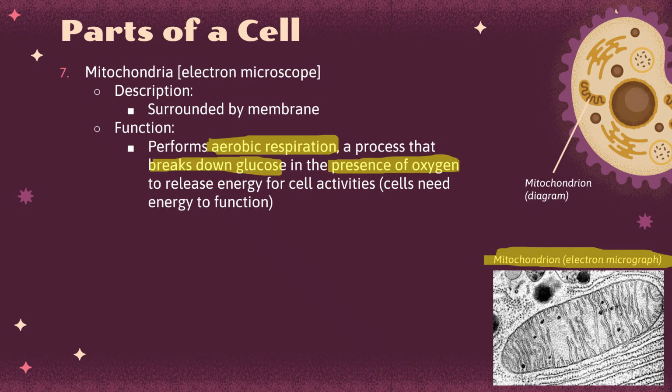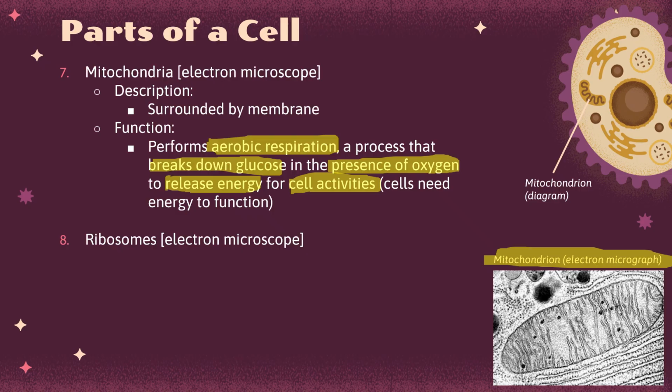You need oxygen to be available to do that, and in this process, energy is released. This energy is used for the cell to work. It depends on the cell. Different cells have different functions, but they all need energy, and therefore the mitochondria is important for a cell, because without the mitochondria, the cell will not be able to function.